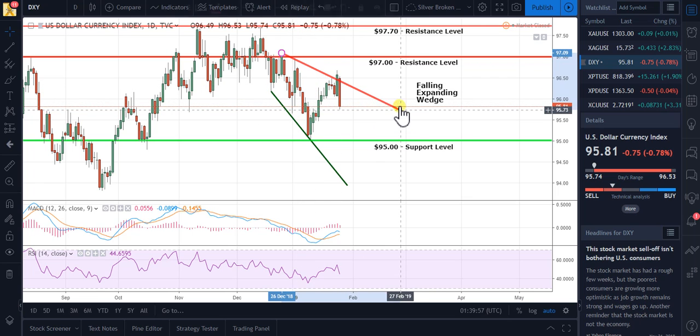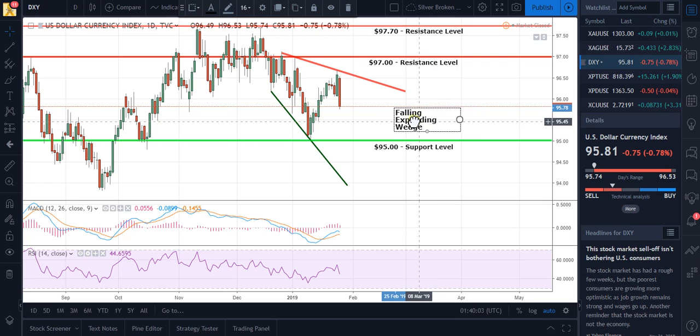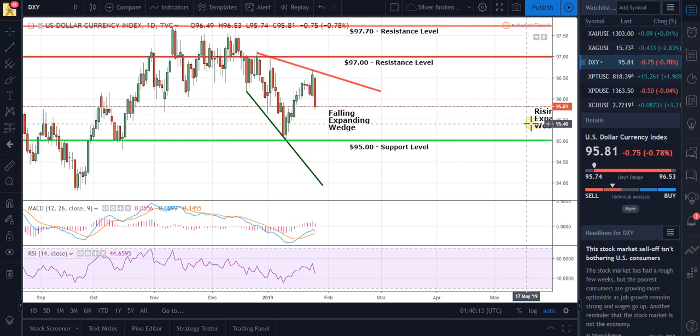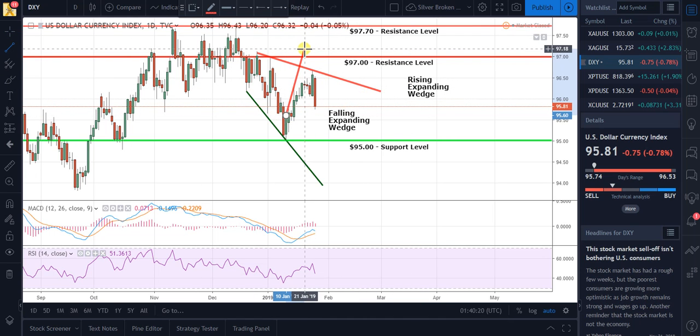But I am going to keep the falling expanding wedge. I'm just going to expand it. And who knows, we could see another inverse head and shoulders. But the falling expanding wedge, we'll just call it. And I also see a rising expanding wedge, which can be called right here.